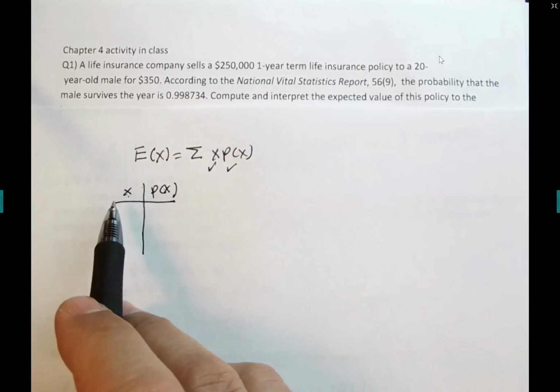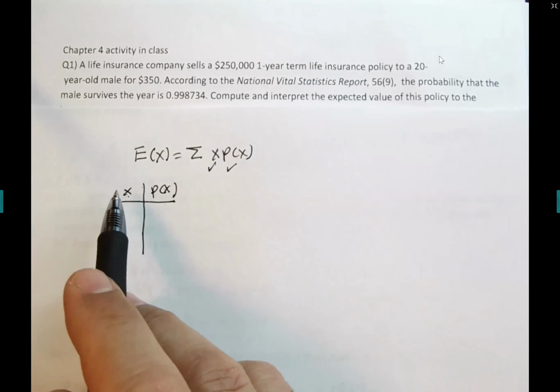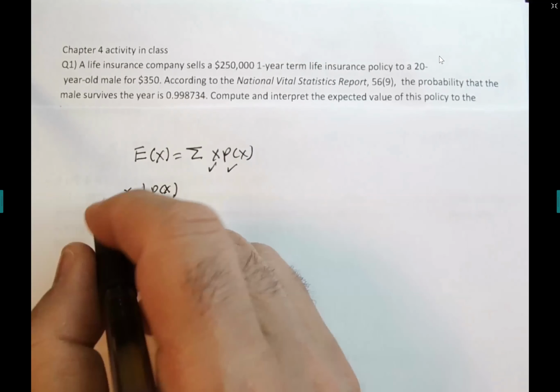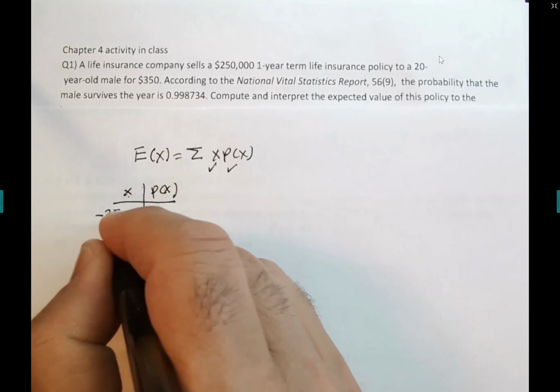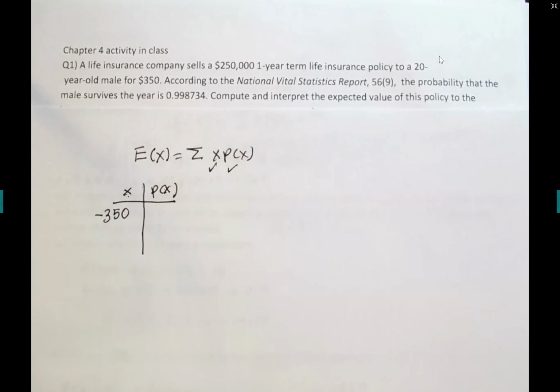Well, if the person wants to buy the policy, he has to pay $350. So if you pay $350, guys, it's a loss. You already lost that money. They won't give it back to you. It's negative 350. Can someone tell me the probability of losing this money? It means surviving, not dying, because the only way to gain money from the company is if the person dies.